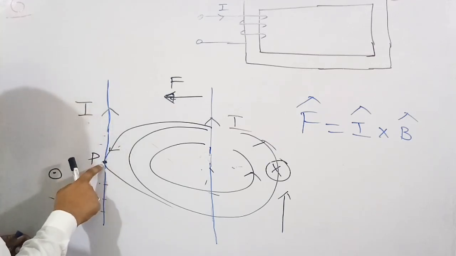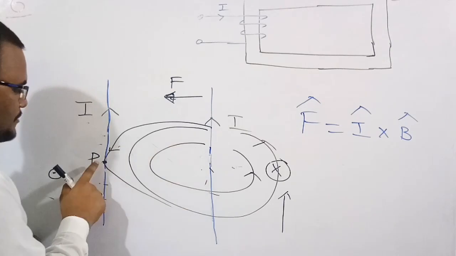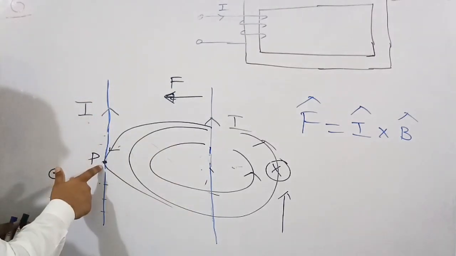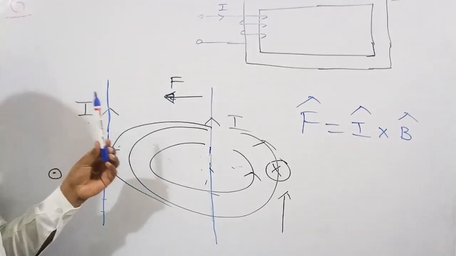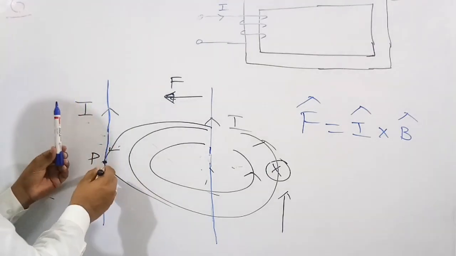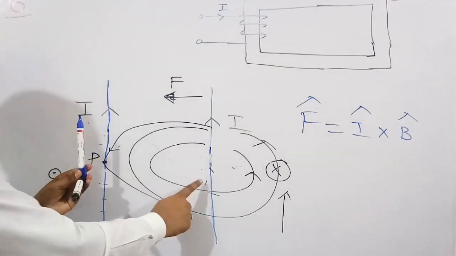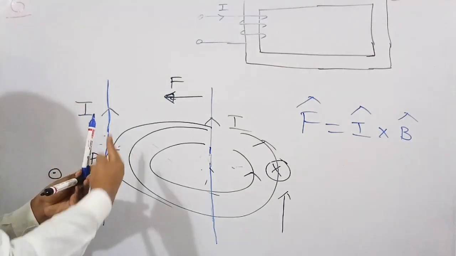So at this point P, the direction of the magnetic field because of this wire is outward, meaning dot. But the current in this wire is upward. So let me assume the current at point P is upward, and the magnetic field because of this wire at point P is in this direction.